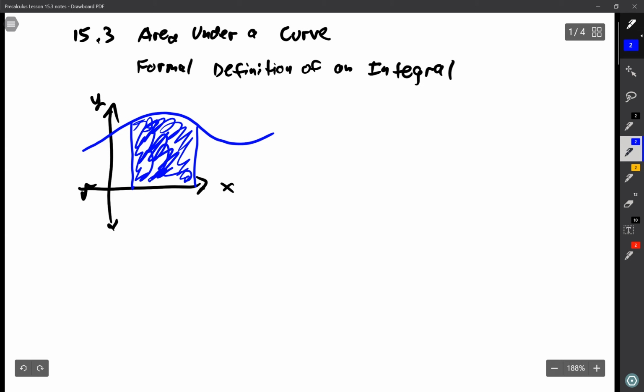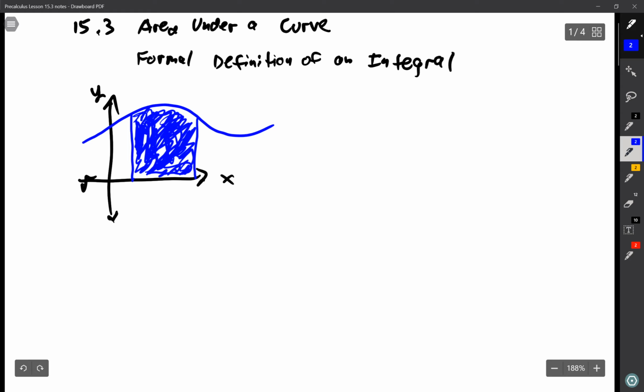Well, geometry and algebra are not going to do the trick for us because of the curviness up at the top here. So the area under a curve, we're finding from the curve, from the function, from the graph, down to the x-axis, from some starting x value to some ending x value.